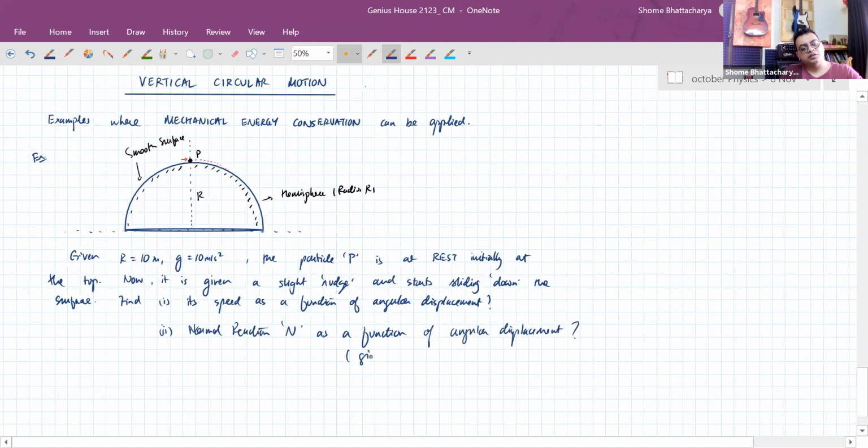So for this, given that its mass is, let's say, 2 kilograms, and take the value of g as I've already given earlier.